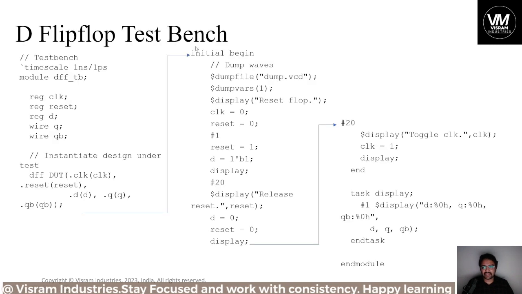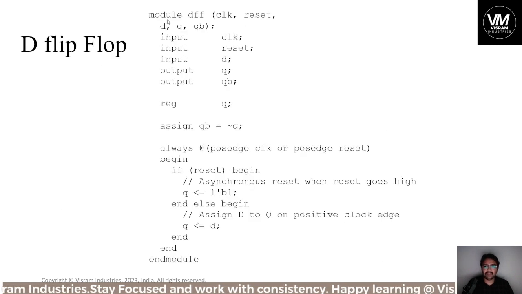In the same way we can take it for the D flip-flop. Mention the module D flip-flop and inputs clock, reset and D, outputs Q and Q bar. You can see the inputs and outputs. Register Q, assign QB is nothing but negation of Q, not Q, that is an operator. Always at the posedge of clock or the posedge of reset, begin the process.